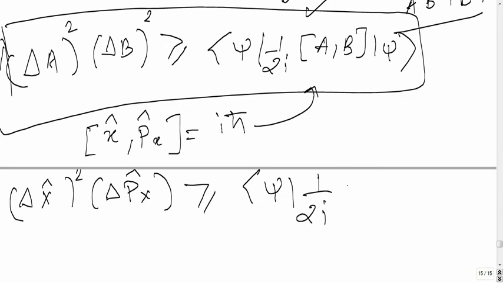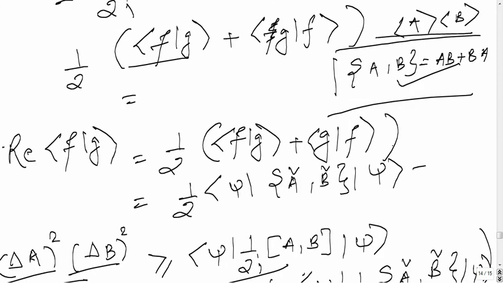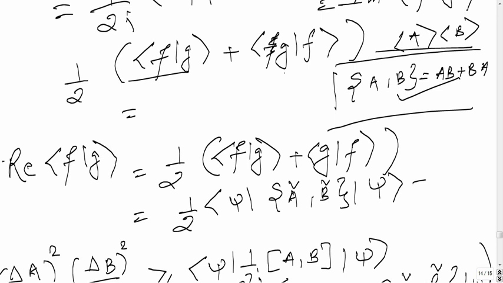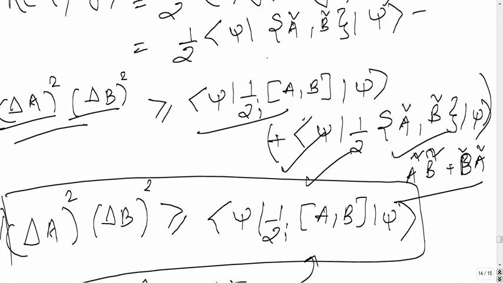This iota cancels and LHS would become this. Sorry, this was h bar by 2. The expression of which we have obtained from the Schwarz inequality. The imaginary part and real part were squared.